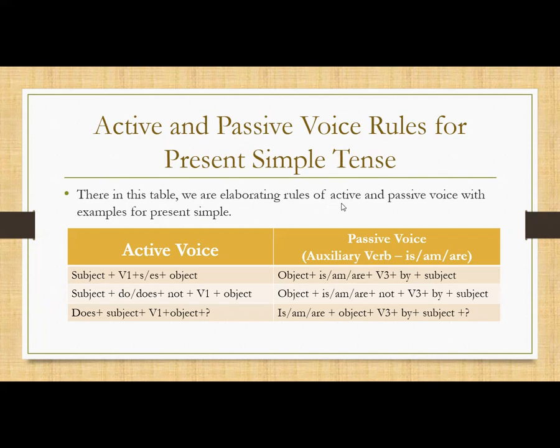In this table we are elaborating rules of active and passive voice with examples for present simple. Active voice: subject plus verb first form, s/es, plus object is the simple tense formula of present simple. Let me again write over here.